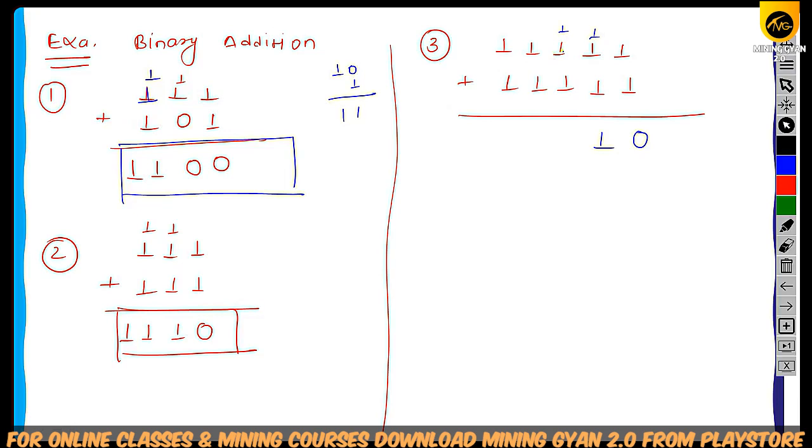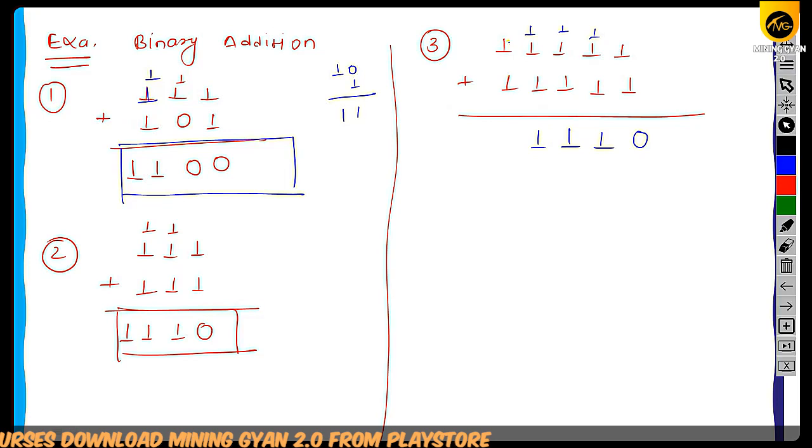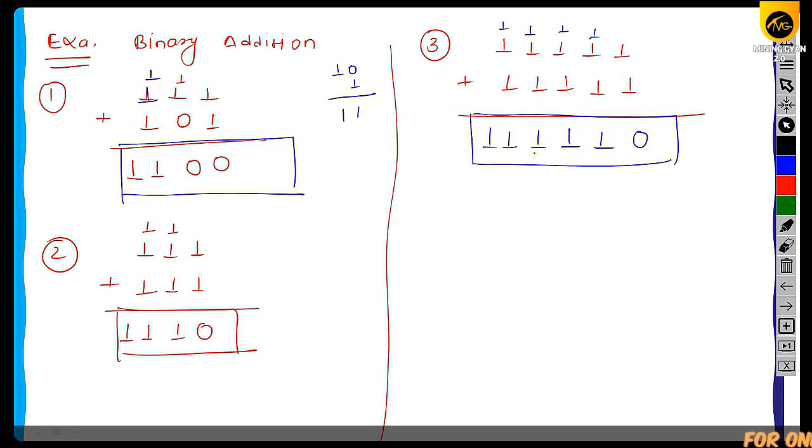So 1 plus 1 becomes 1 0, and 1 0 plus 1 is 1 1. So 1, and again carry 1. Then 1 and 1 is the last carry in the last column, or leftmost column. Okay, 1 plus 1 is 1 0, and 1 0 plus 1 becomes 1 1. Now the answer will be 1 1 1 1 1 0.